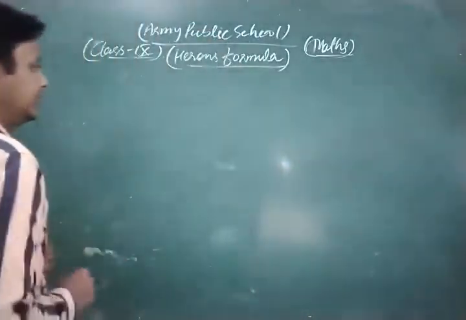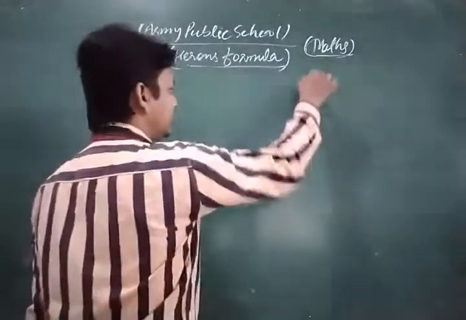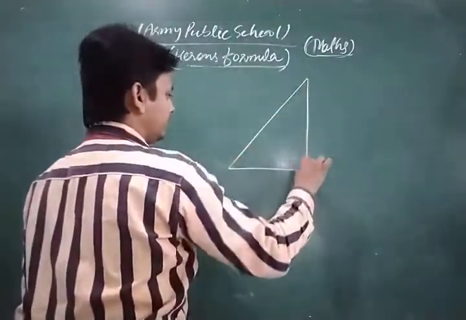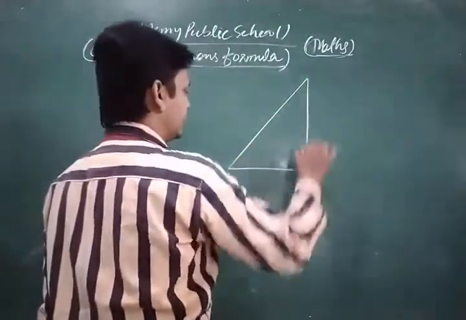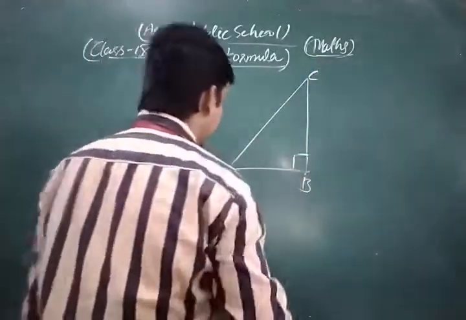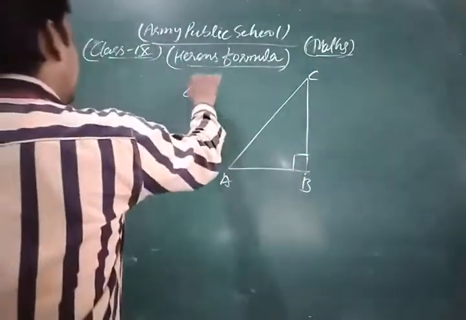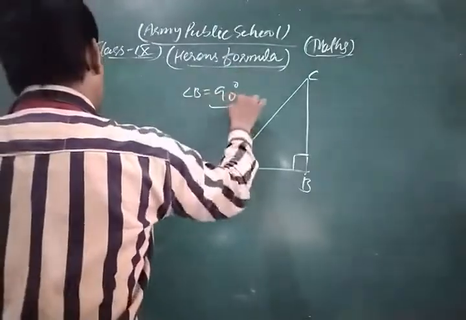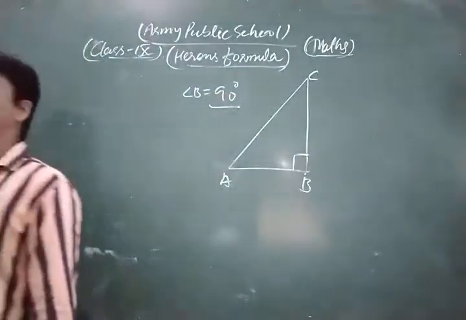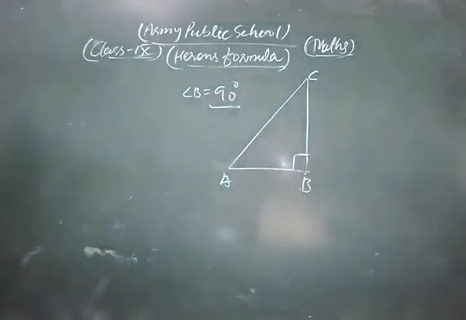Suppose we have a right angle triangle ABC, right angle at B. Here angle B is 90 degrees.